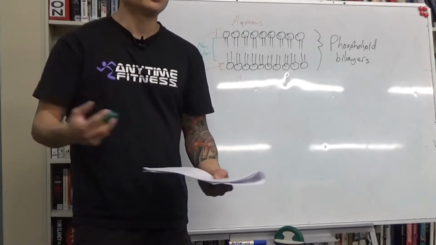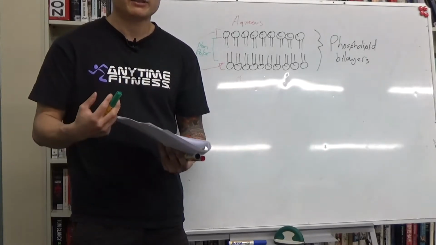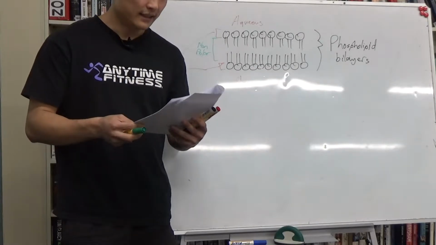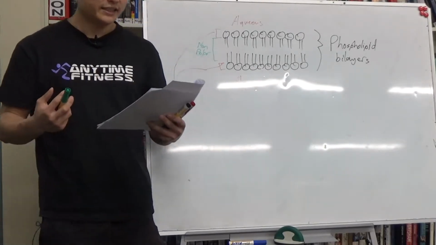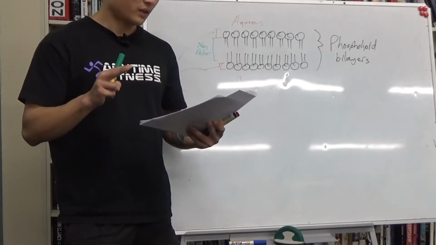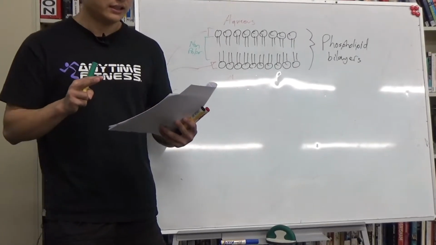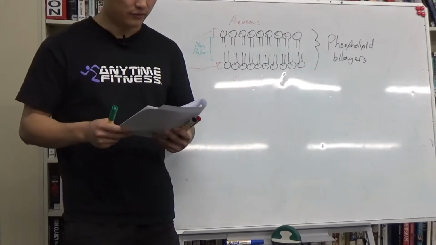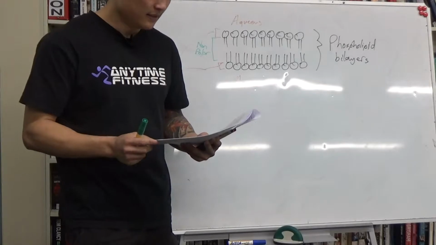We'll go through beta oxidation probably this week or next week for you guys. Not too sure, but you will learn more about that. They'll be used for energy. So they'll be broken down into two carbon units, which are called acetate, and turn into acetyl-CoA, which will then enter the citric acid cycle.